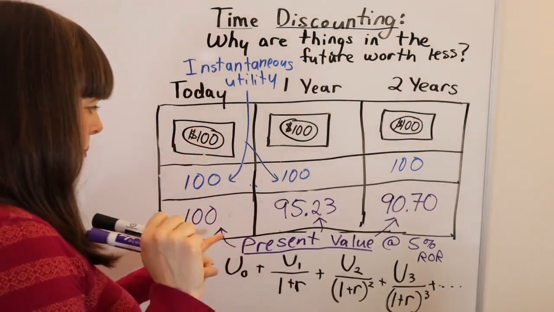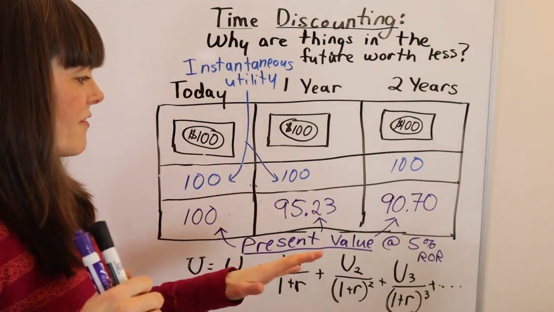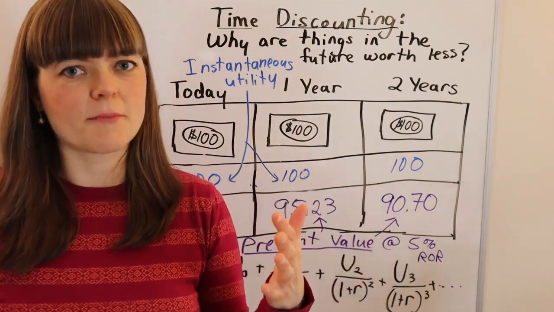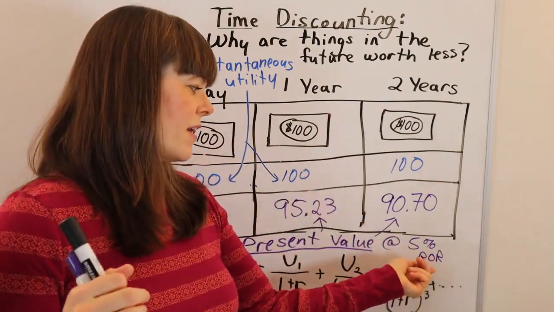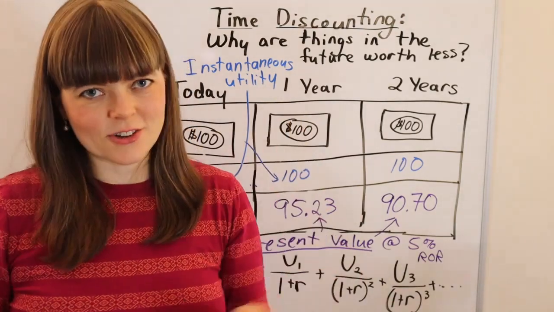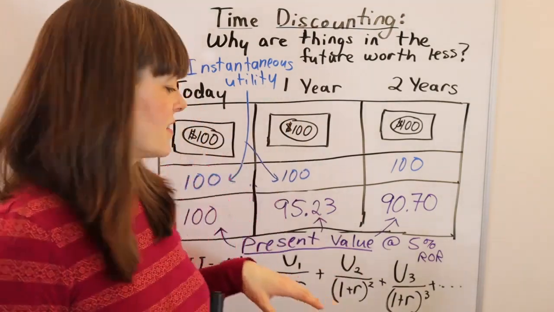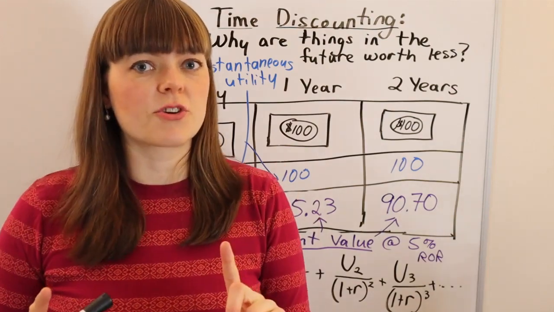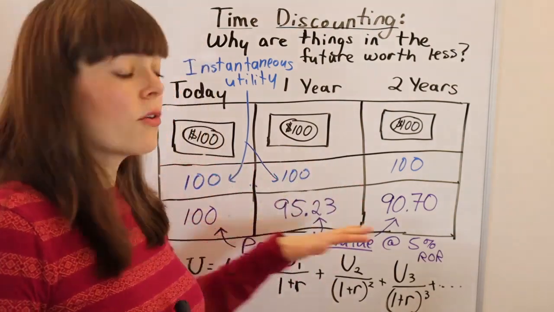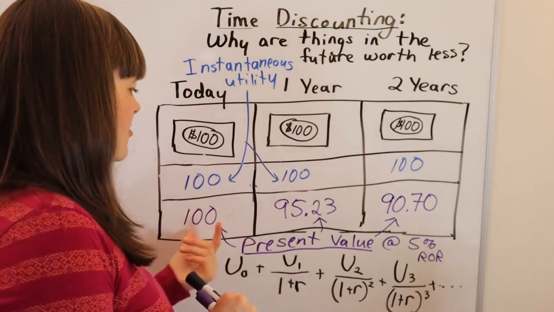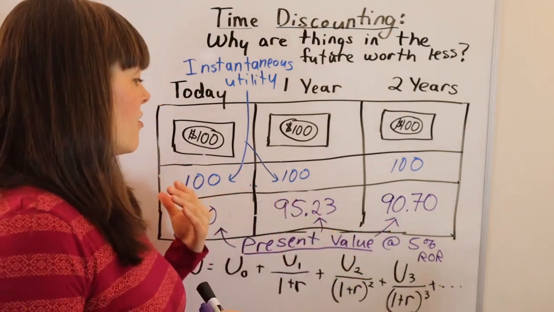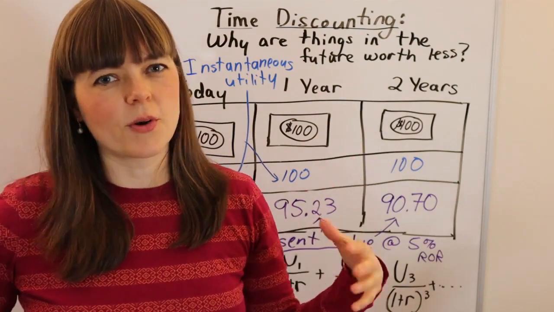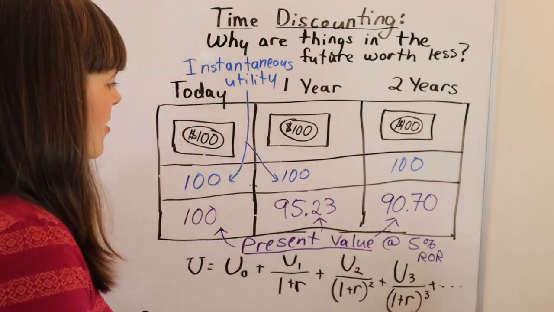I've derived these numbers assuming an interest rate of 5% in the bank, and actually the rate of return captures uncertainty. It captures everything, not just the interest rate at the bank, but for simplicity, since we're walking through an example, let's just assume that the only thing that matters here is the interest rate that you could get from your bank, and that there is no uncertainty, no inflation and no other factors to consider.